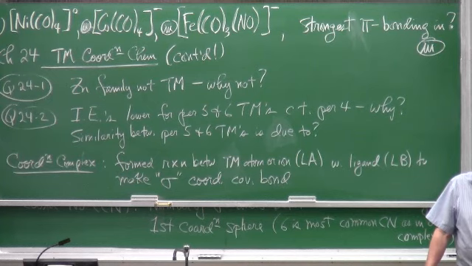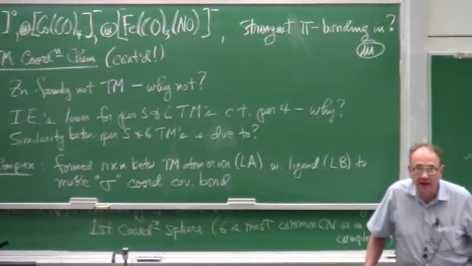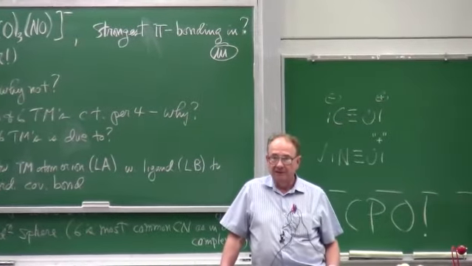Why so? Because many transition metals have the ability in their chemistry to develop 2 or more stable oxidation states.